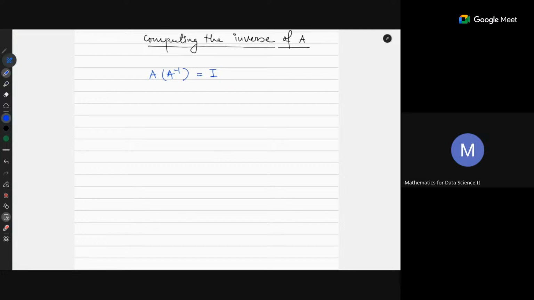So now how can you think of this problem? Let's say A is your matrix, and then you have a vector X over here. This is your second vector Y. These are the column vectors of A inverse, let's say.